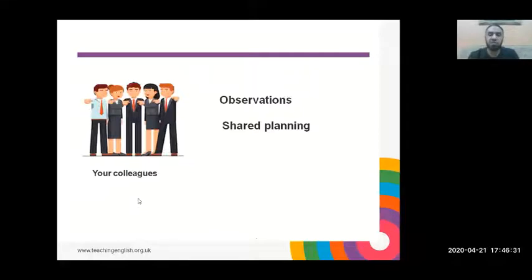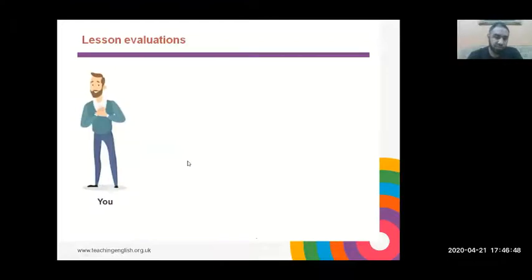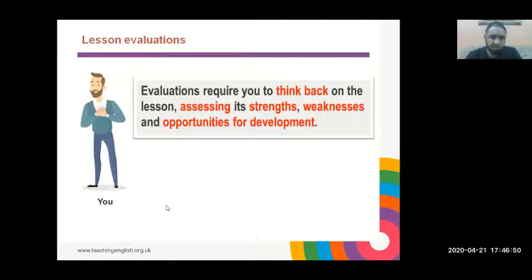Sit with some of your colleagues and start to write the preparation of the lesson that you are going to teach next time. And today you are going to concentrate on observations. Okay, the first part, about you.